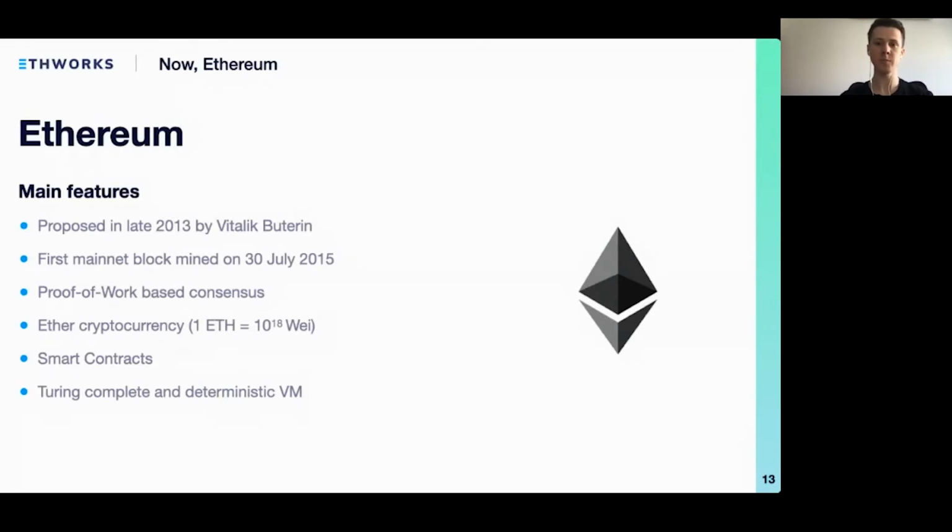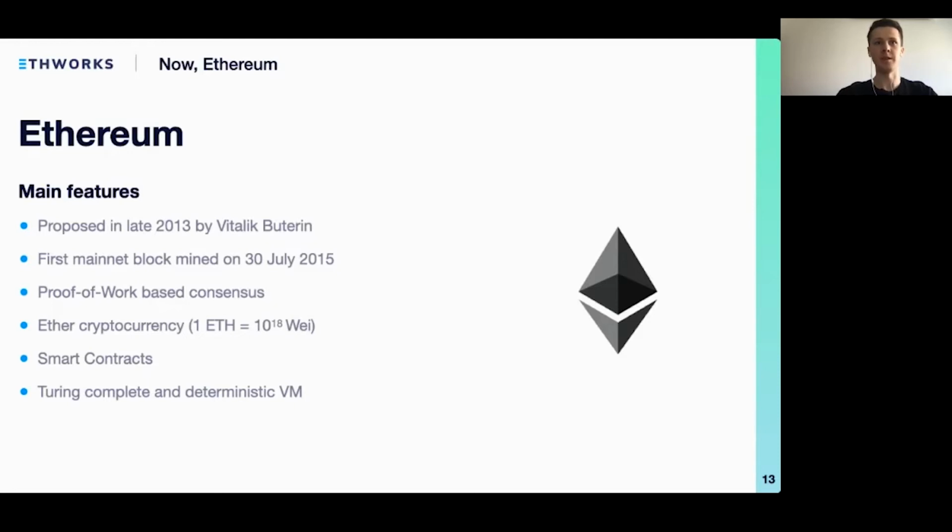The development started shortly after, and the first mainnet block was mined on July 30, 2015. So as you can see, Ethereum is only like 6 years old. I think it's still a relatively new system.